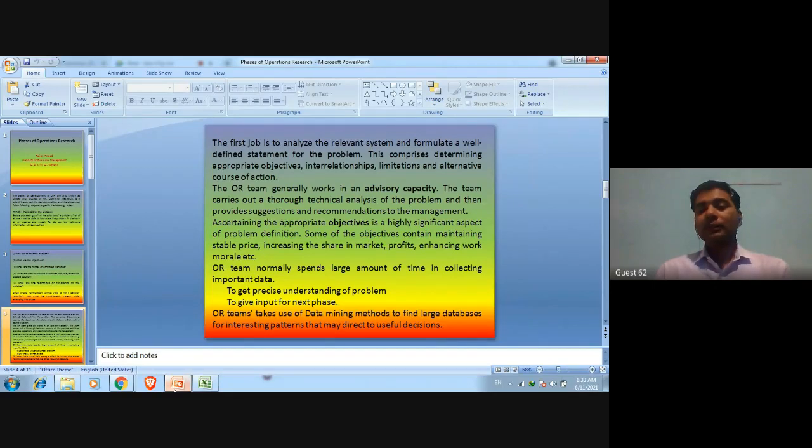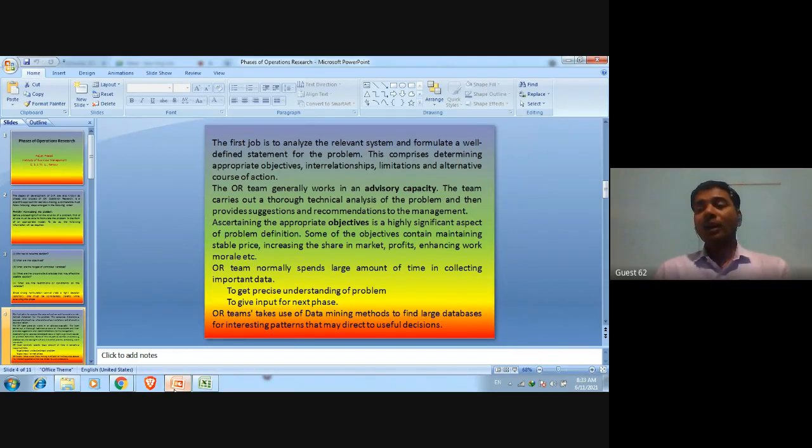So first of all, you should have all the information about purchasing vegetables. This is the problem which the specialist identifies.